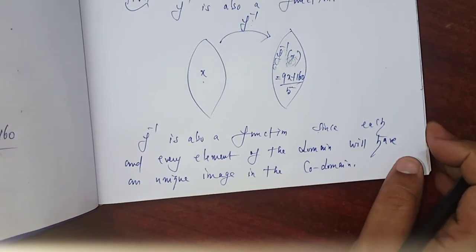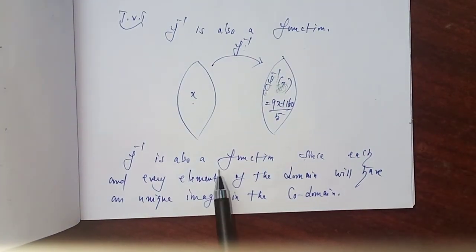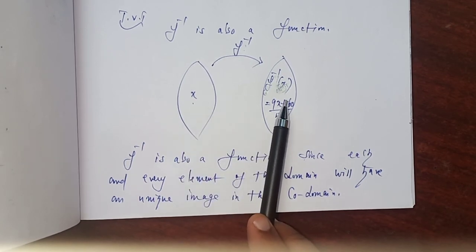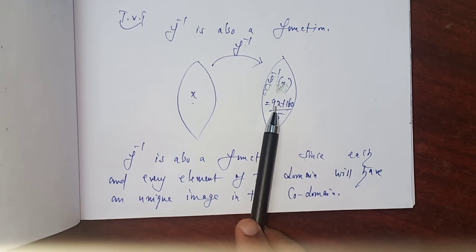I have written the reason also. So what's the reason? Each and every element of the domain will have a unique image in the codomain. Therefore, f inverse is also a function.